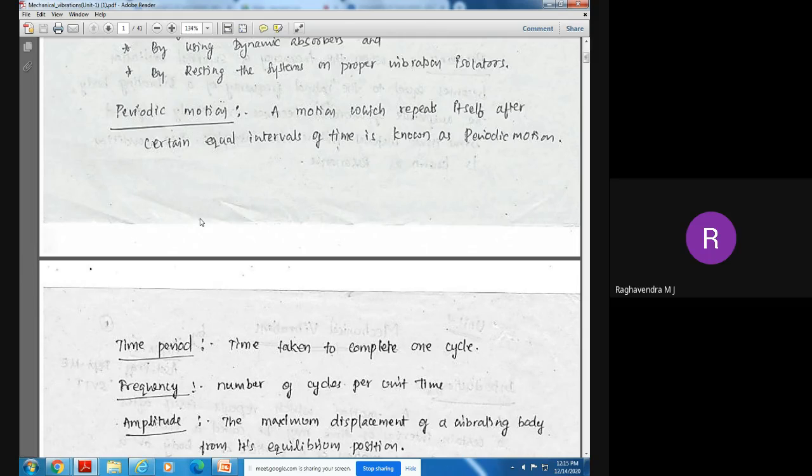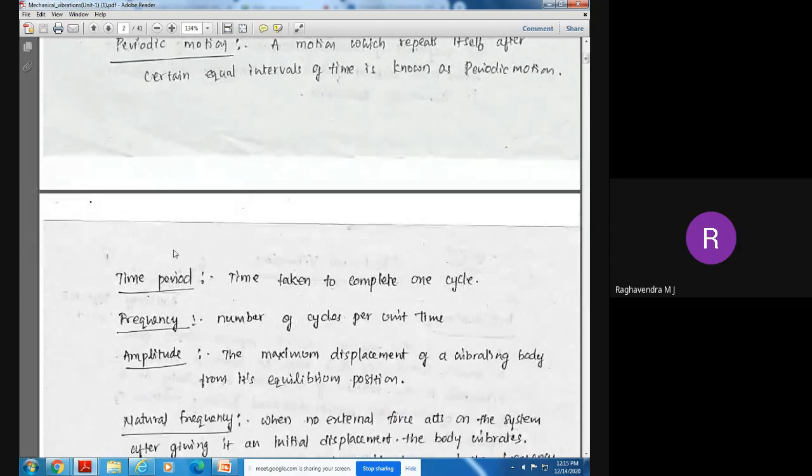If you give some initial displacement, it will oscillate on its own, that is, the to and fro motion of a pendulum about the equilibrium or mean position. It repeats every equal interval of time about the mean position. That is called periodic motion. A motion which repeats itself after a certain equal interval of time is known as periodic motion.